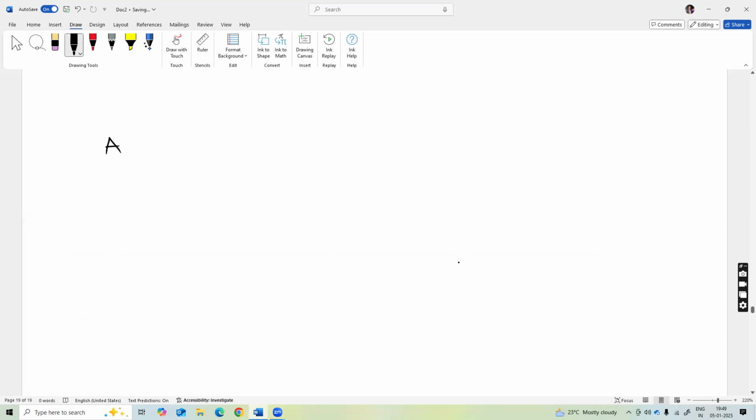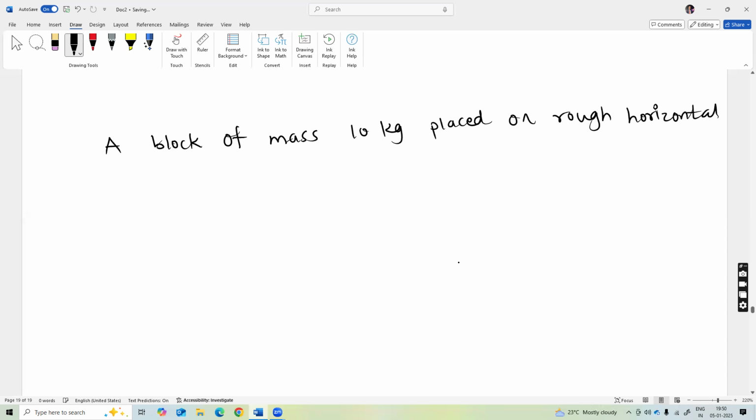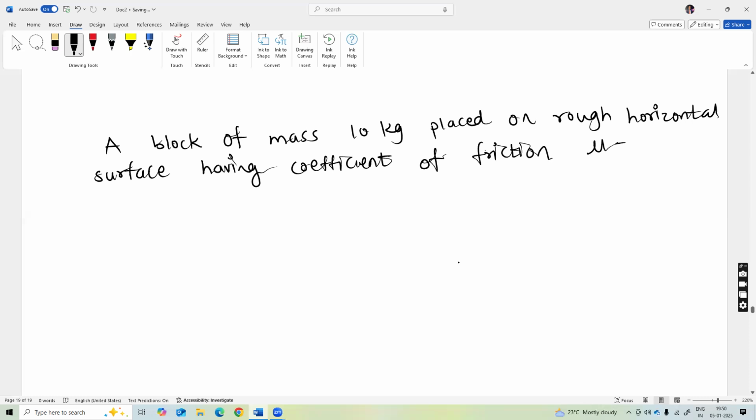A block of mass 10 kg placed on a rough horizontal surface having coefficient of friction mu is equal to 0.5.